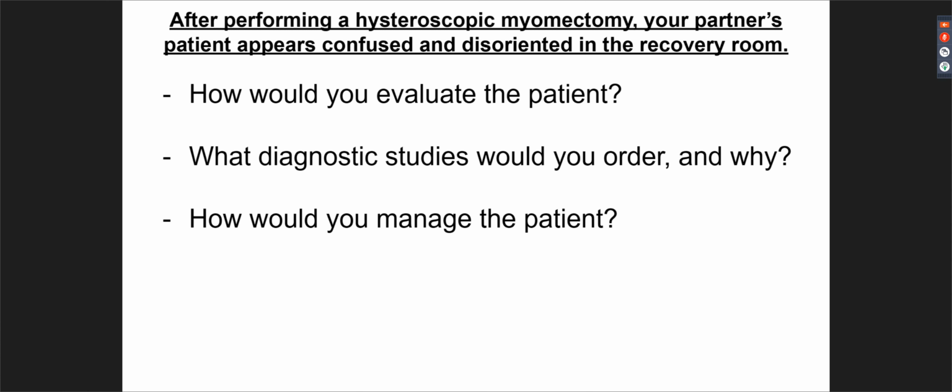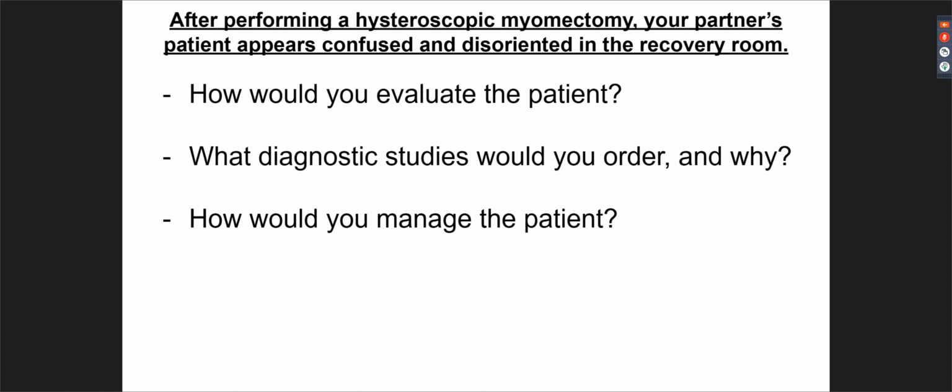In severe cases of hyponatremia, you could give hypertonic saline, a 3% saline solution. If there was concern for a perforation or any kind of intra-abdominal process, something that could be considered would be a laparoscopy. And if I'm concerned about any thromboembolic event, I could start her on blood thinners.